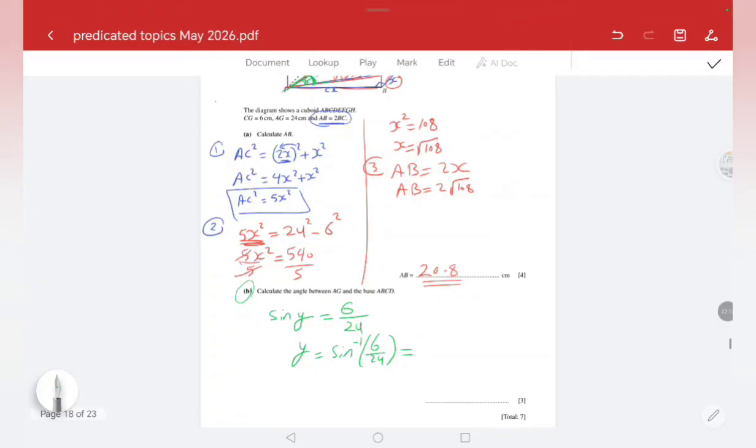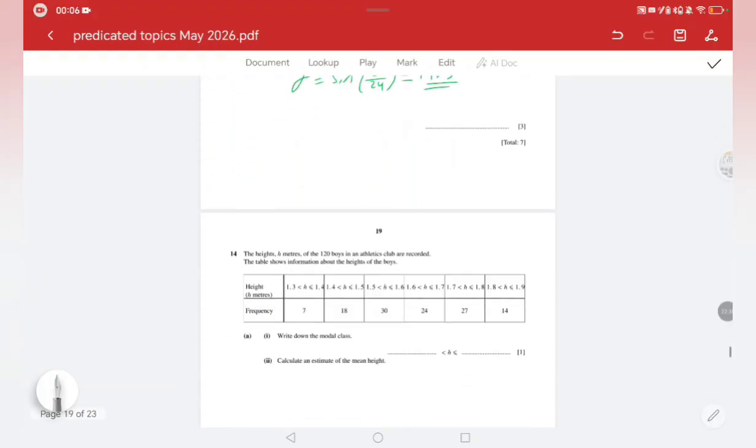So the answer is 14.5 degrees. This one is the angle.